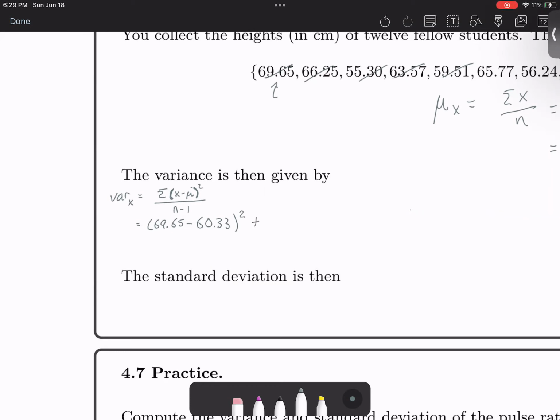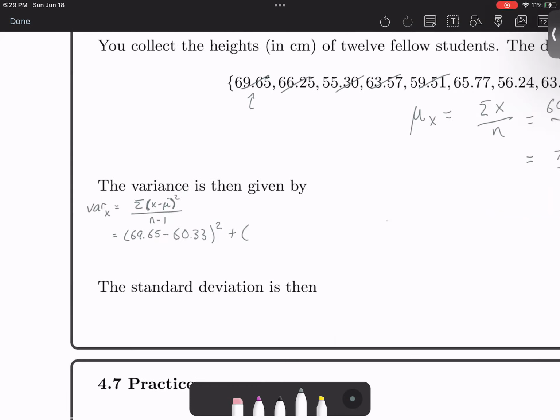So I take that difference and I square it. I will then add to that, I'll do this for every value. So the next value, the next height was 66.25, right there. I'll subtract from it the average, 60.33. And after I perform that subtraction, I square. Let's write out one more.